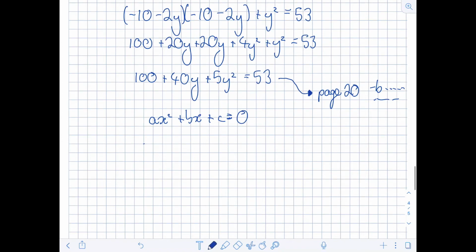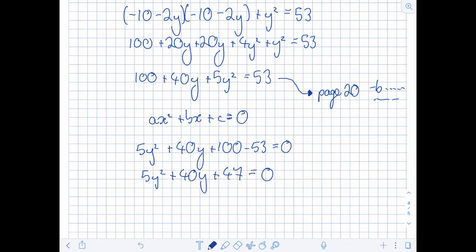So let's go for 5y squared plus 40y plus 100 minus 53 equals 0. So 5y squared plus 40y plus 47 equals 0.